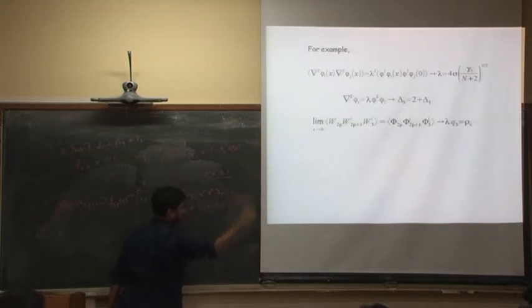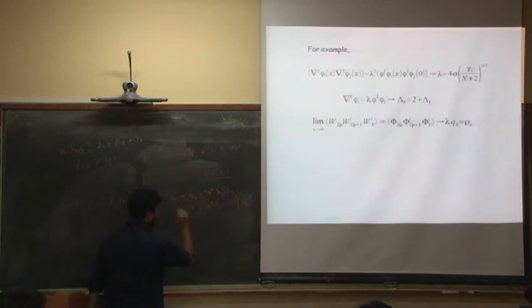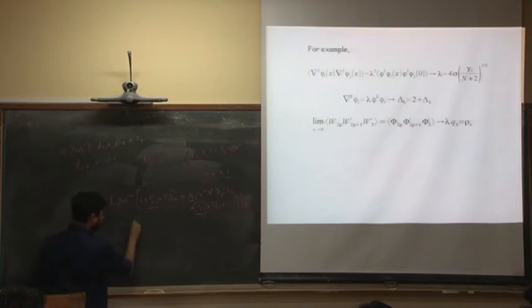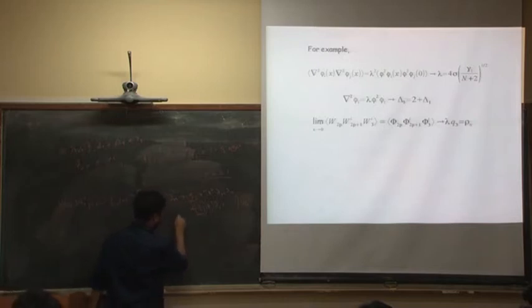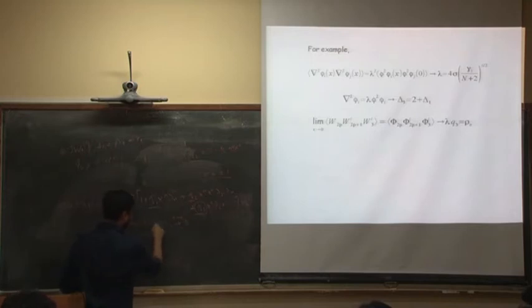Once you have calculated Q1, Q2 and Q3, you can show that as epsilon goes to 0, these coefficients Q1 and Q2 go to 0, even with lambda.